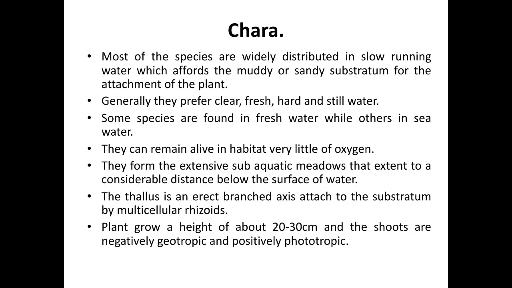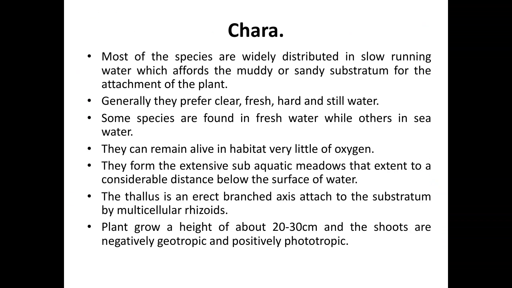Some species are found in fresh water, while others are found in marine water or sea water. They can remain alive in habitats with very little oxygen. They form extensive subaquatic meadows that extend to a considerable distance below the surface of the water.